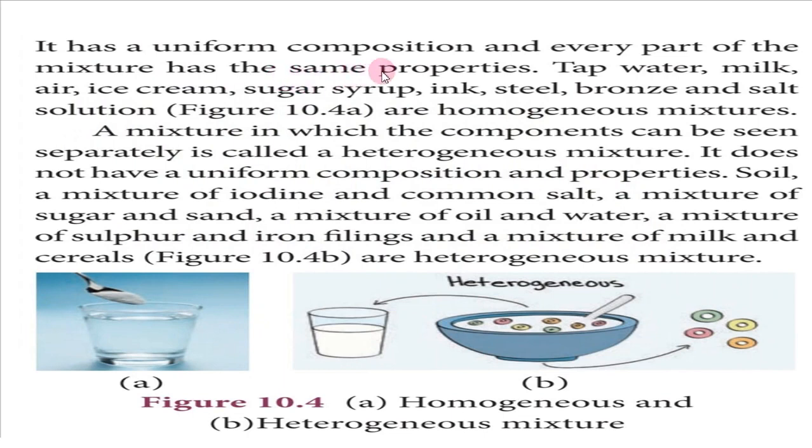It has a uniform composition and every part of the mixture has the same property. So an example of a homogeneous mixture is water plus sugar. Uniform composition, it has the same property. After dissolving, if you add sugar, you can feel the sugar taste.